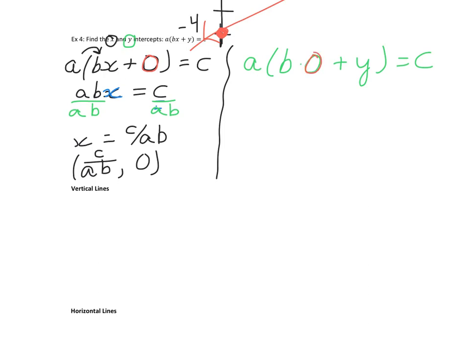That whole term B times 0 is just 0, so that's going to go away, and we're left with A times y, remember that's what that means. And we're solving for y, so again, divide by A, and we have our y-intercept. And again, you can write that as an ordered pair. When x is 0, y is C over A.